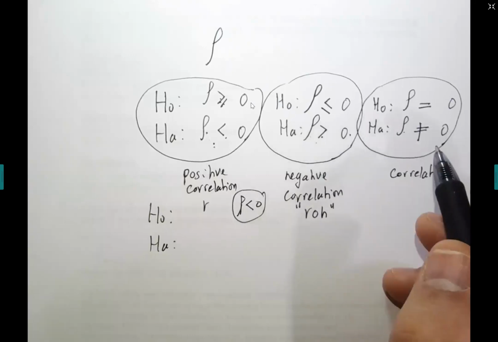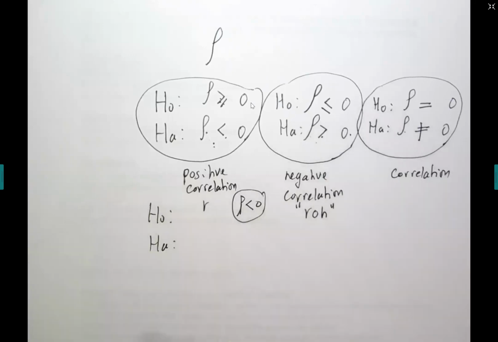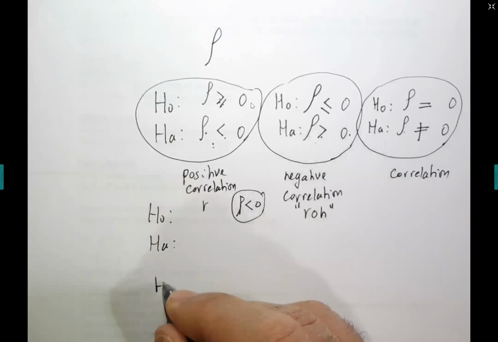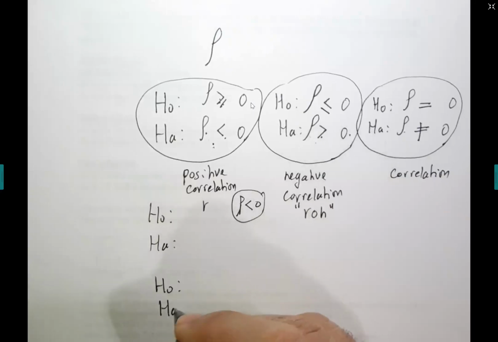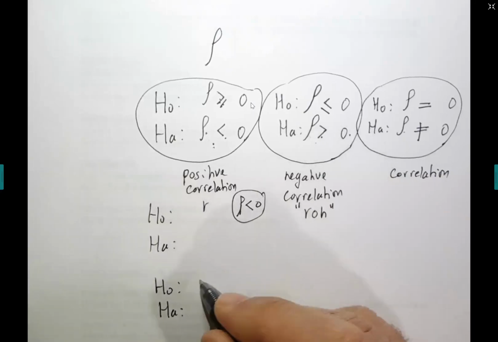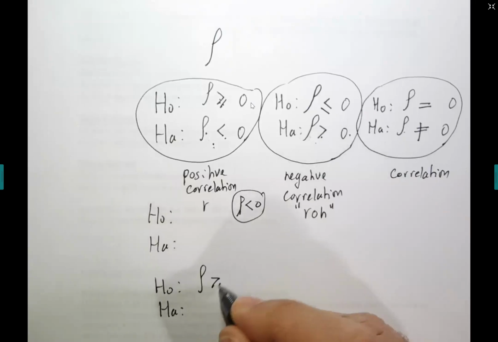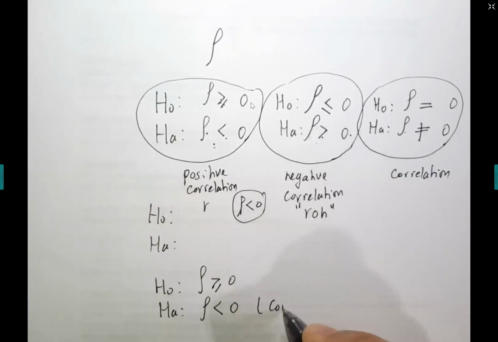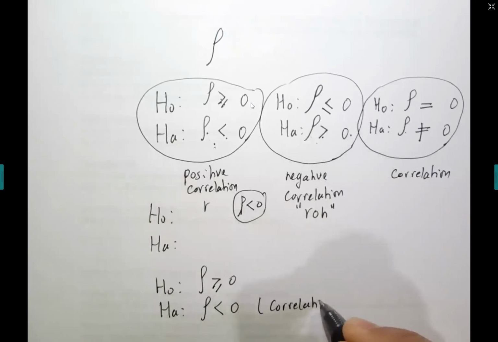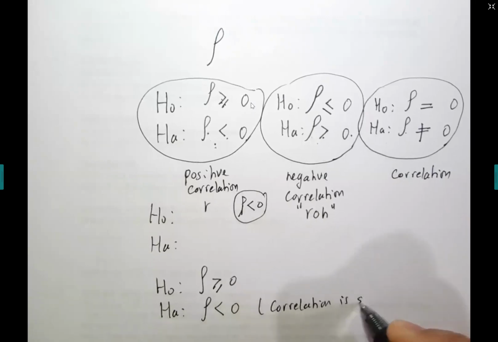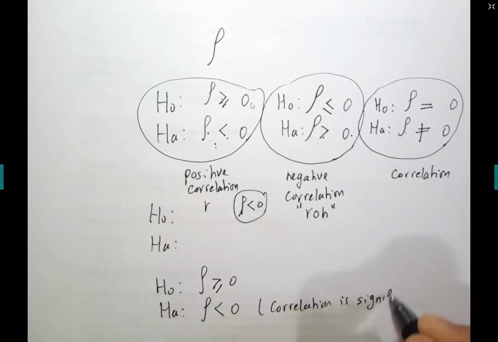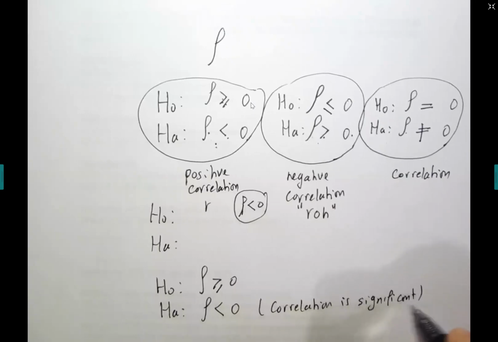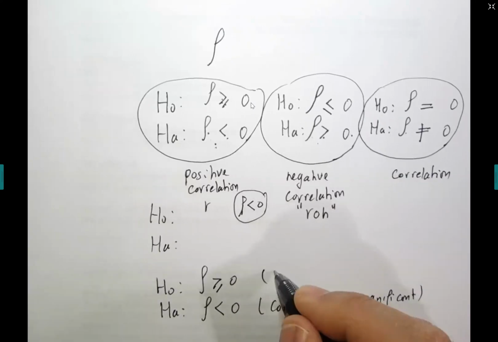Okay. So in our case, guys, I'm going to write this down. Rho greater than or equal to 0, rho less than 0. And look what you write. Here you write correlation is significant, which is the claim here, but we don't write the word claim anymore. We just write this or that. Same language.